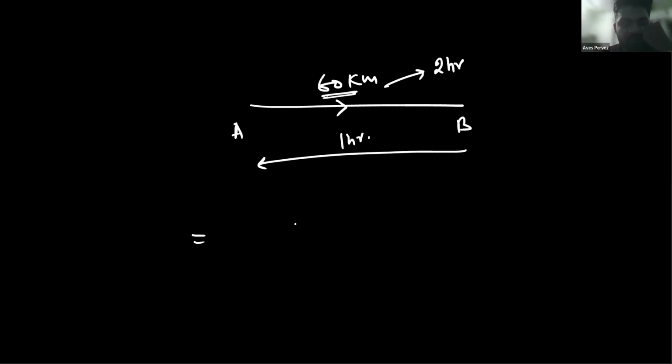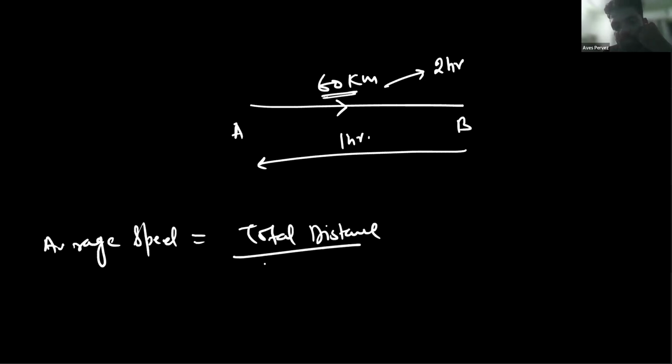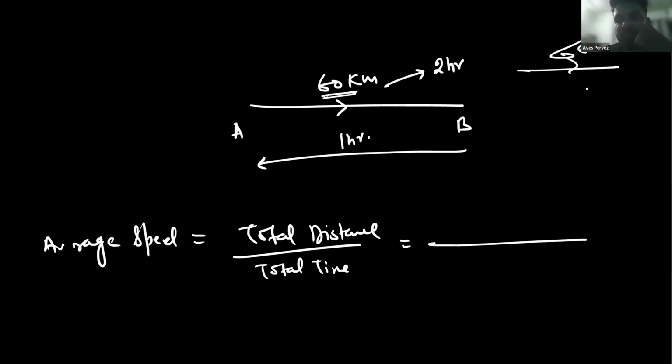Total distance will be 60 for going and 60 for coming, that is 120.